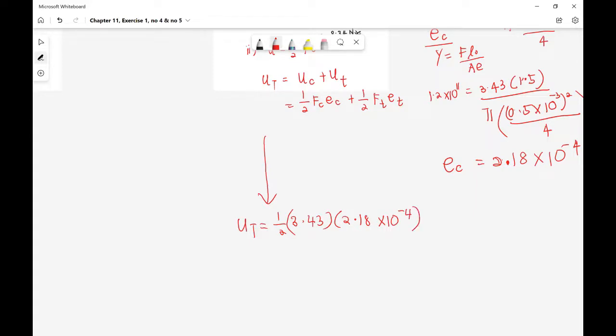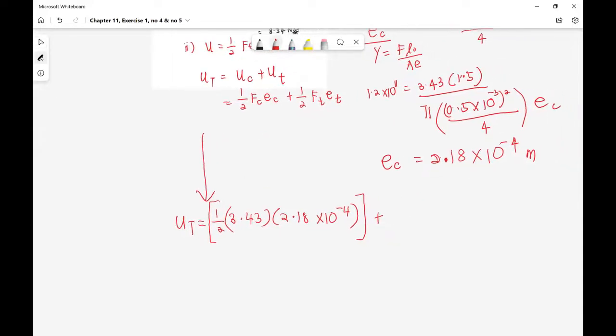And then, plus dengan strain energy untuk tungsten. Half times force untuk tungsten. Force untuk tungsten adalah sama dengan tension tungsten.